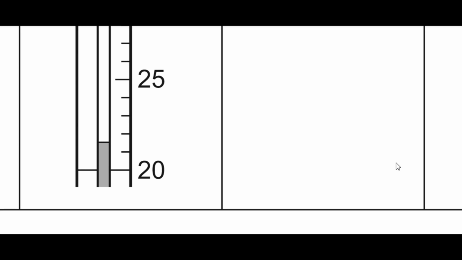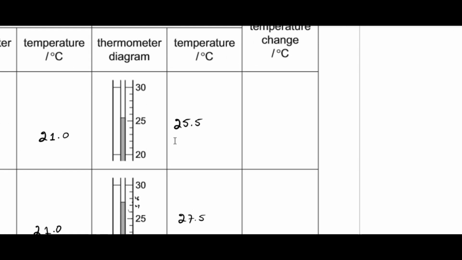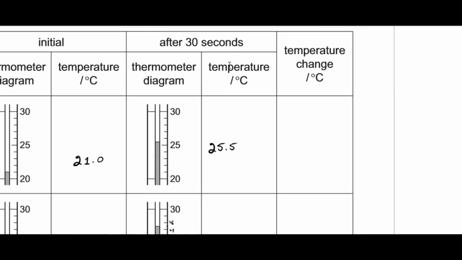This temperature again above 21 Celsius but below 22, so it is 21.5 Celsius. It is below 40 but more than that of 39 Celsius, so it is 39.5 Celsius. We would be writing 39.5. Now we need to calculate the temperature changes. At the right side, there is final temperature that is written after 30 seconds.